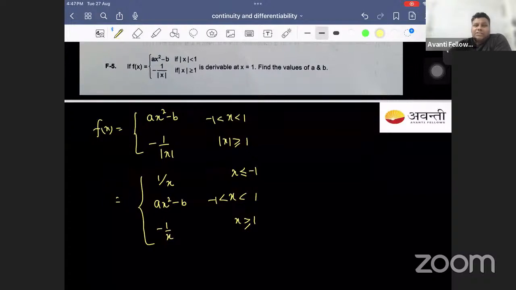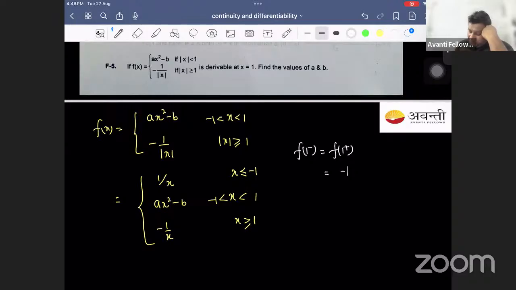So if this function is differentiable at x equals to 1, find the values of a and b. So certainly, if it is differentiable at x equals to 1, that means it is continuous also at x equals to 1. Means f of 1 minus is going to be f of 1 plus. So value in the right of 1 is minus 1 and value in the left of 1 will be a minus b. So you got one relation in a and b.